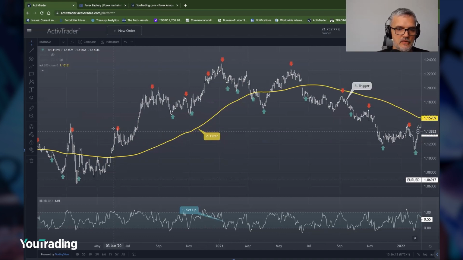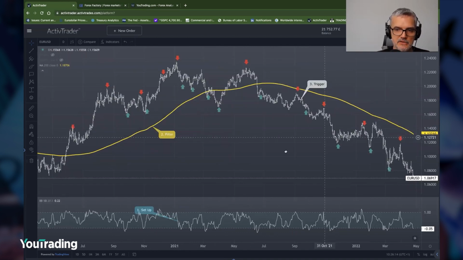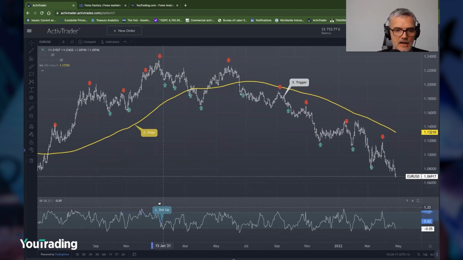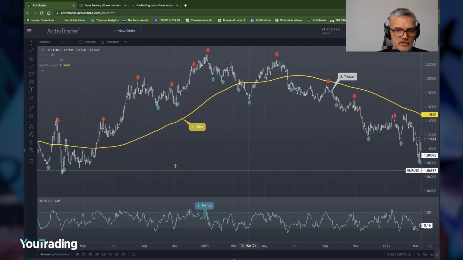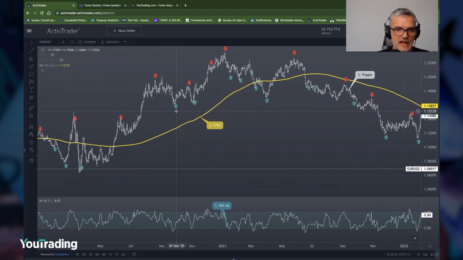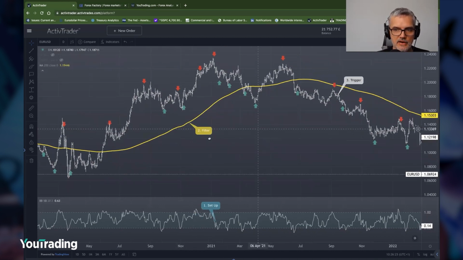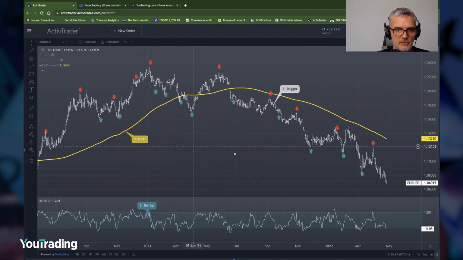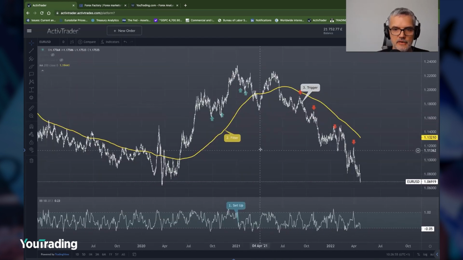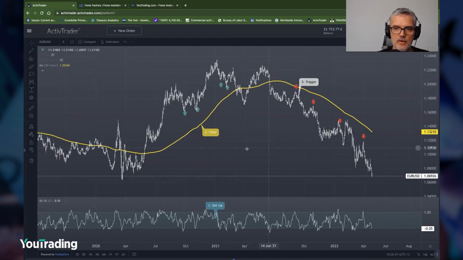Here you can see I've marked up many signals from the setup, and a lot of them we can just disregard. So I'll go ahead and delete everything that signifies a short above the 200 period moving average and everything that signifies a long below. Applying that filter after the setup, we're now left with just a few signals compared to what we had before.